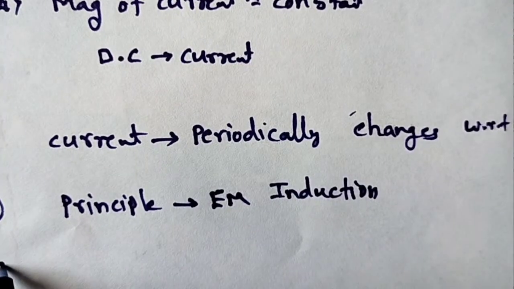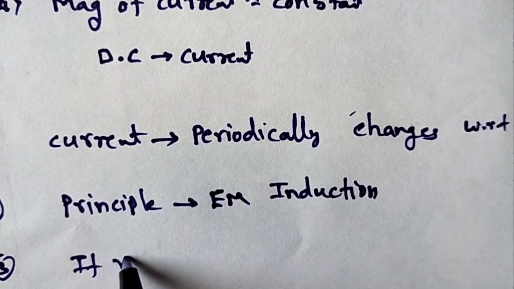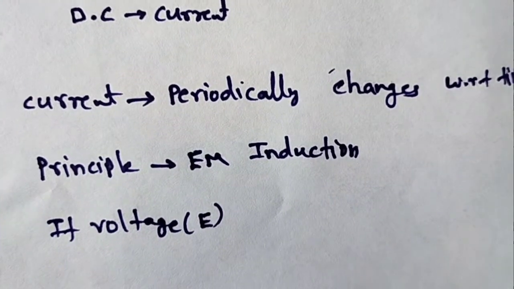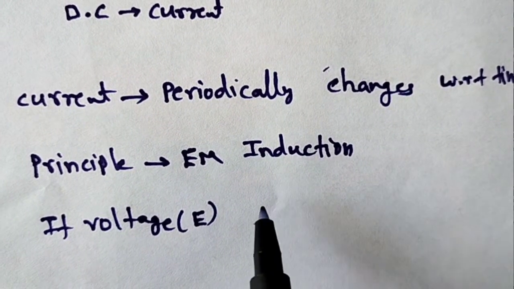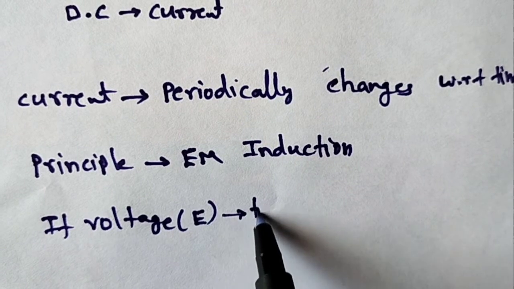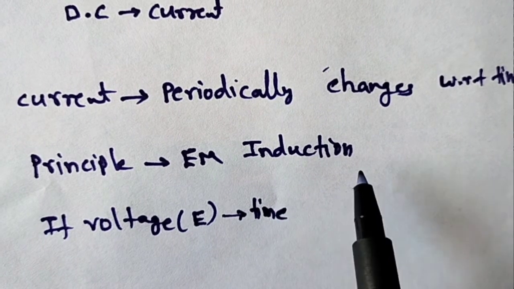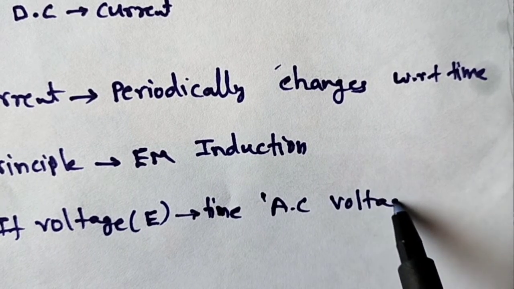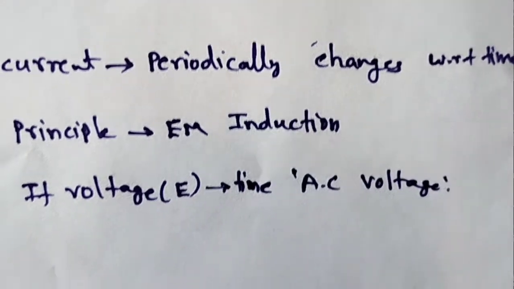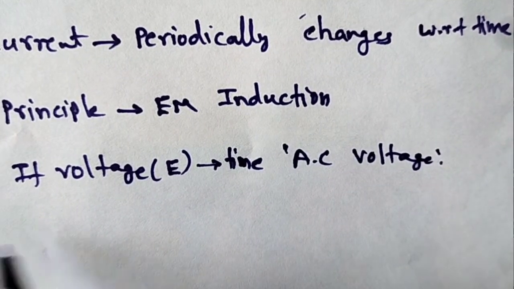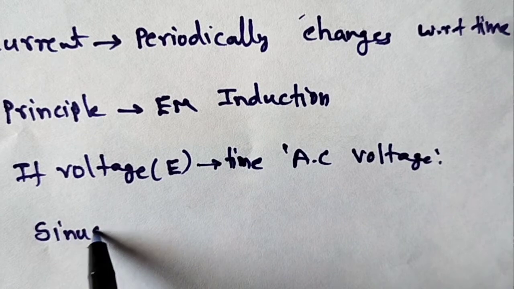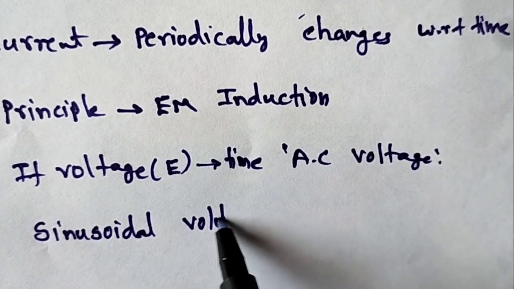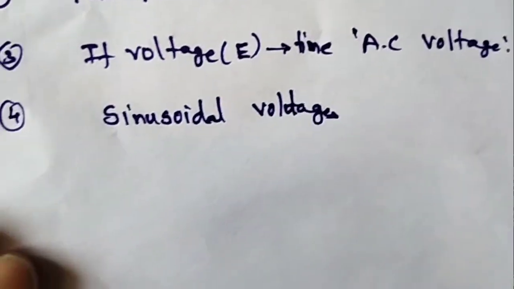And if the voltage capital E changes with respect to time, that is, its magnitude changes and direction changes, this voltage is called AC voltage. This voltage is called AC voltage. And always the AC voltage is a sinusoidal voltage.